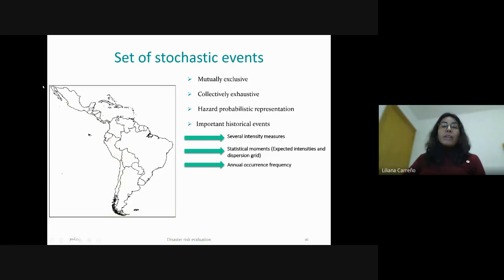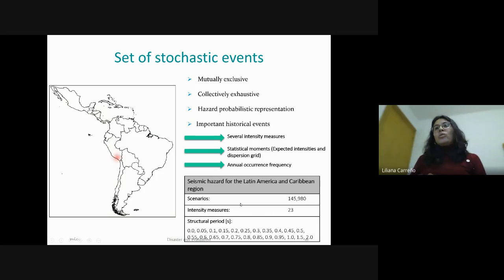This is an example of the stochastic events used to analyze the seismic hazard of the Latin American and Caribbean region. All these spots are possible earthquakes in the region. For this study, more than 145,000 events are included.